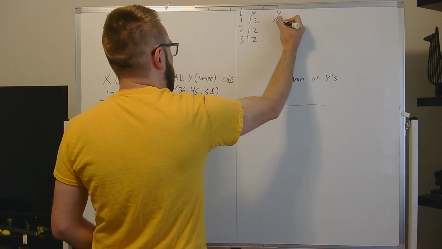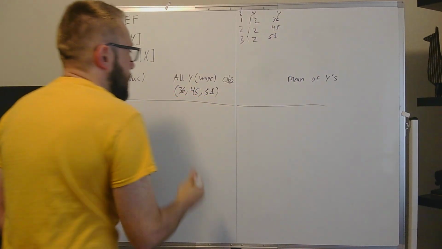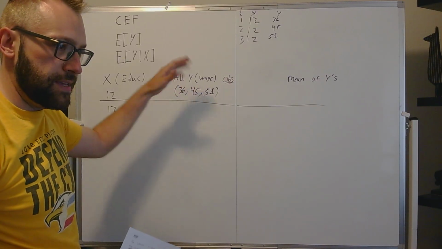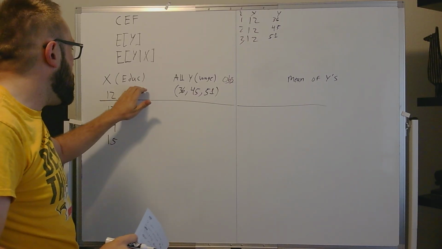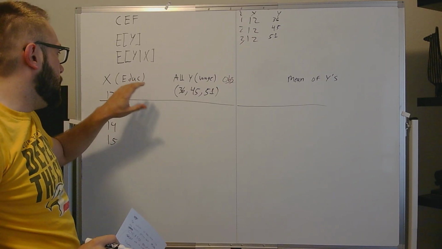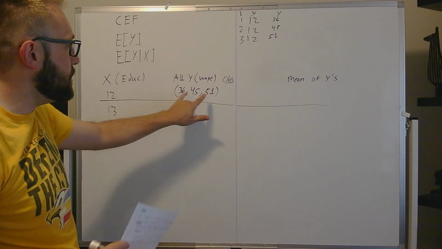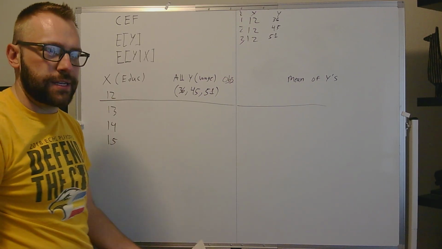So we have one making 36, one making 45, and one making 51. That's all that's being said here. I'm just shorthanding it for space. But that's what we're saying: now the input value of 12 is yielding different output values. So that's the interesting addition.